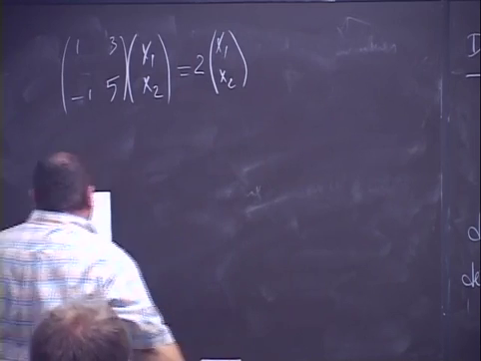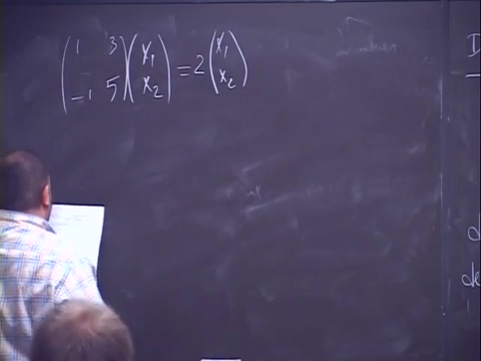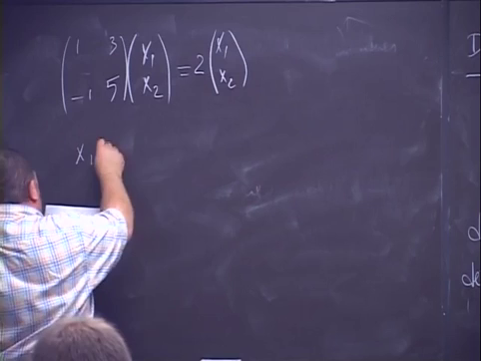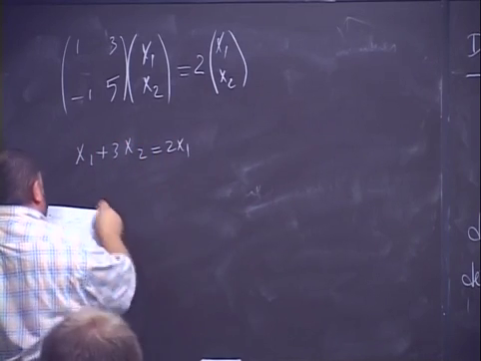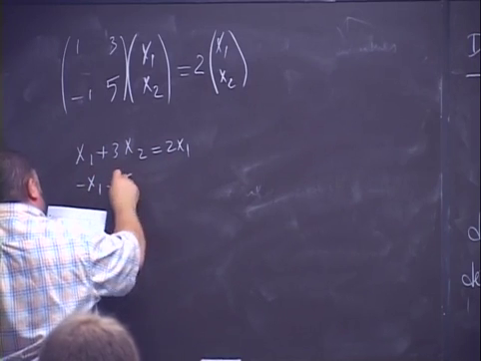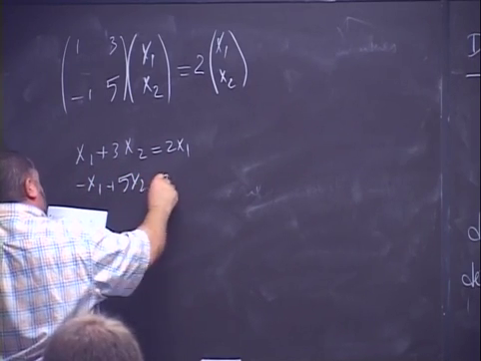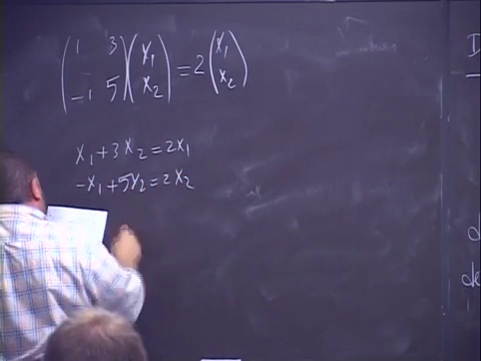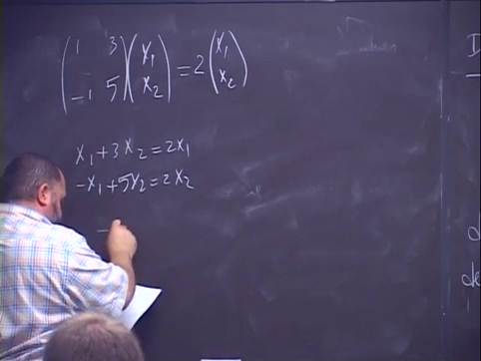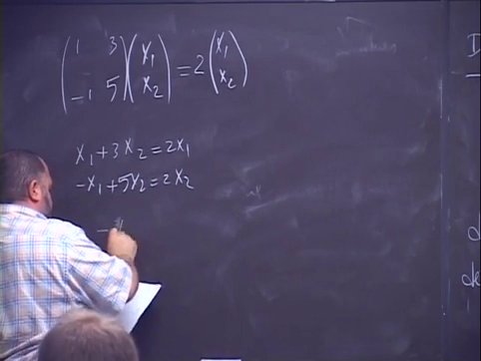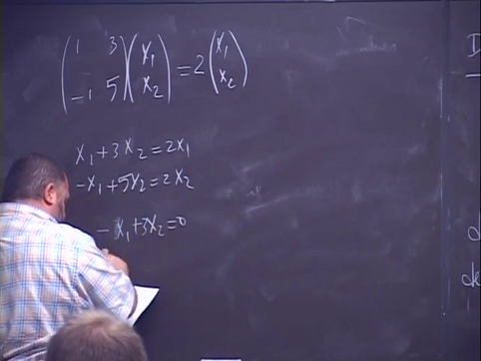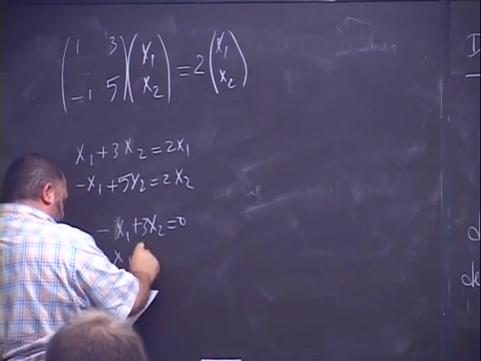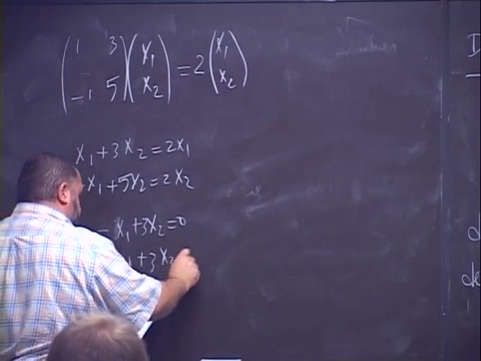And from this equation, I will get x1 plus 3x2 equal to 2x1, and minus x1 plus 5x2 equal to 2x2, and this will give me minus x1 plus 3x2 equal to 0, and minus x1 plus 3x2 is equal to 0.